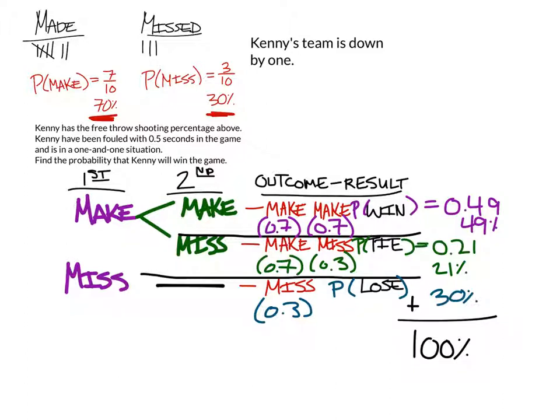Now let me ask you this: is it more likely that Kenny will lose the game or not lose the game? Not lose. What's the probability then that Kenny will not lose the game? 70%. We got the 49% for win and 21% for tie, and when we combine those, this is 70%, which is also the same as the make from the beginning, the 70% back here.